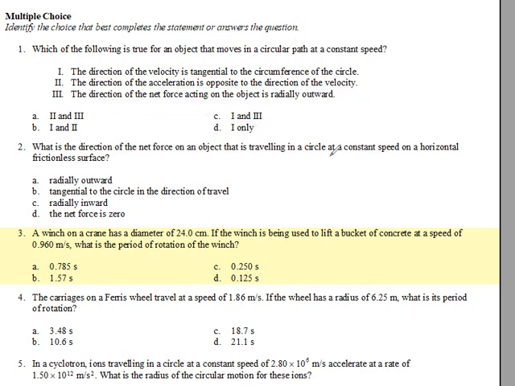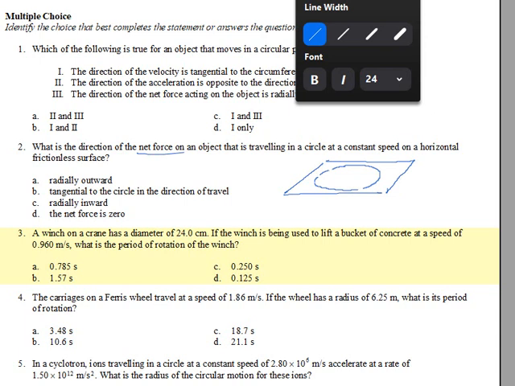One more about this. Now they're talking about traveling in a circle at constant speed on a horizontal surface. So this is like we have a tabletop, and on the table something is going around in a circle. It could be a car on a little track, or there could be a magnet in the middle or a string, but we have something rigged so that it runs in a circle horizontally. And they ask the direction of the net force.